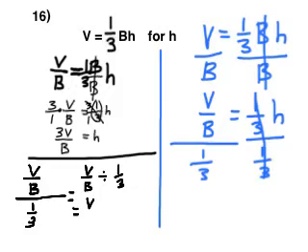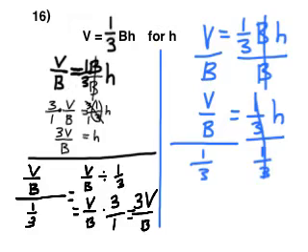And with fractions we turn over the divisor. So we have v times 3 over b. I'm going to put the 3 in front. 3v over b. You see, we ended up multiplying by the reciprocal anyway. See, but you can do it that way. So our answer is 3v over b equals h.